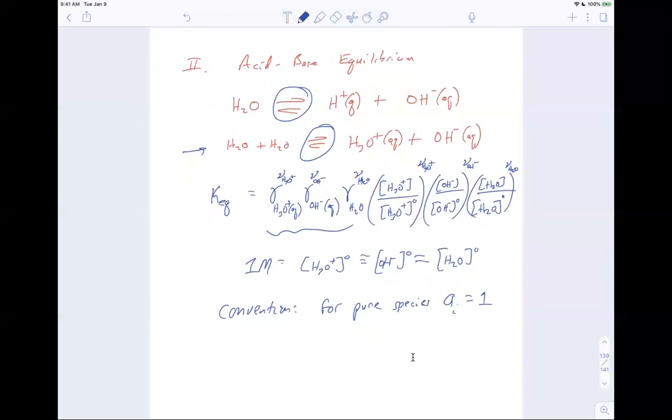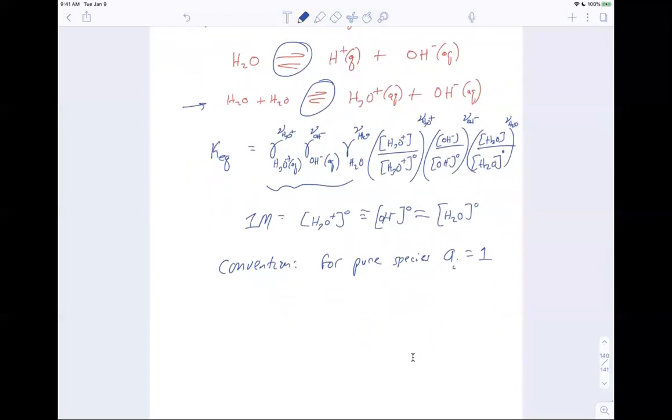Okay, great. So a corollary to this. Can someone remind me what pH is? Does anyone remember the definition of pH? The negative log of the H plus concentration.